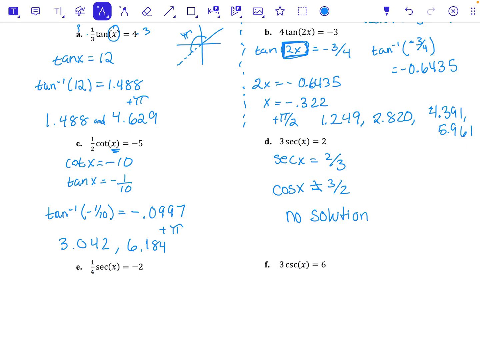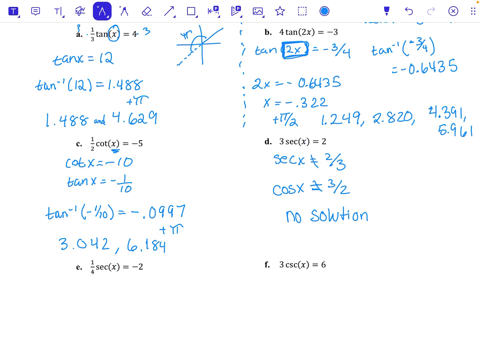And that's because cosine can't be greater than 1. And secant has to fall basically between, it has to be either smaller than -1 or greater than 1. And so it can never actually equal 2/3.